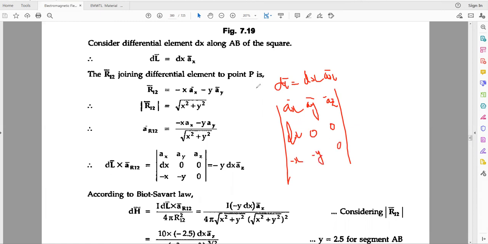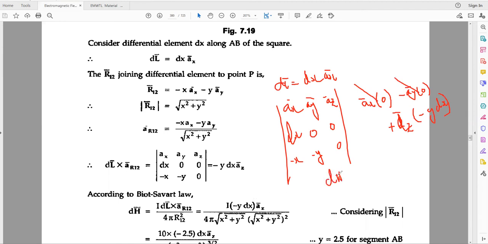There is no z component. So ax bar into 0 into 0, you get the 0 value here, minus ay bar into these two values, you can take here also the 0 only, and az bar is taking off dx minus y into dx, having only the one component, this ay and the ax are zeros.